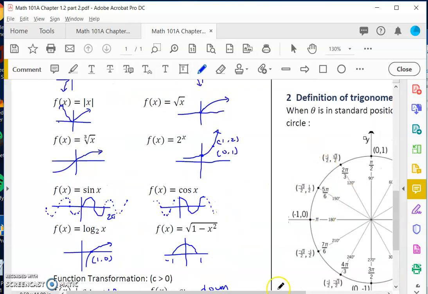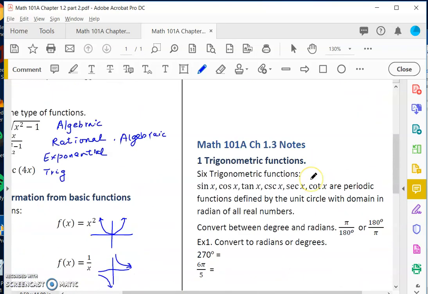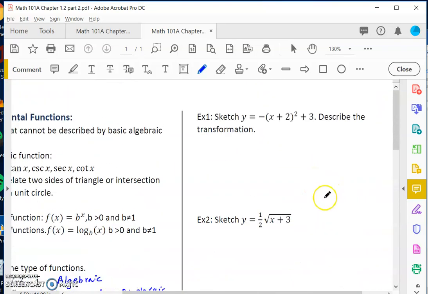Okay. We can do some examples. We only have like 2-3 minutes. So I'm going to do one where the quadratic parent function, or the basic function, is this. Compared to x squared, this would involve a vertical reflection, and also a shift to the left by 2, up 3.